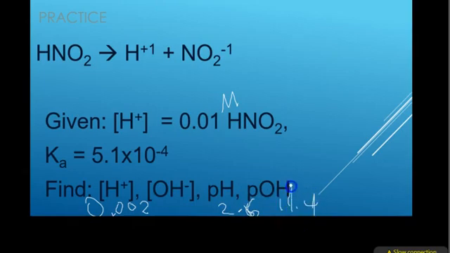And then I want to go up to get to my hydroxide ion concentration. So I take the shift log of my negative 11.4, and oh, I hit something wrong. That's a bummer.